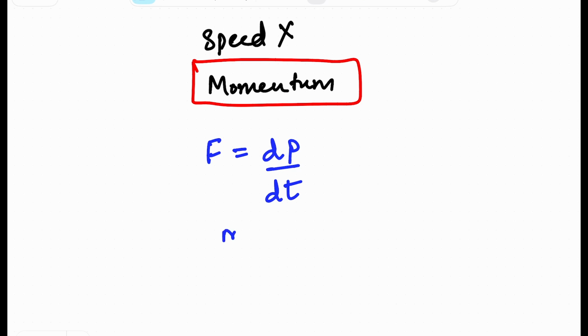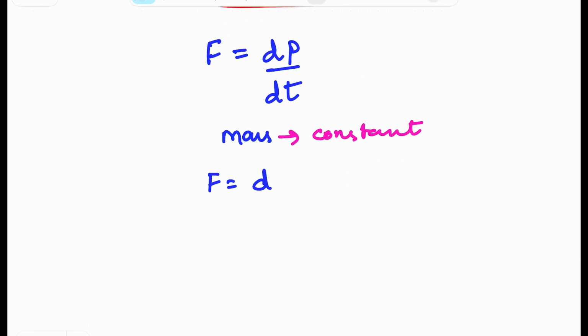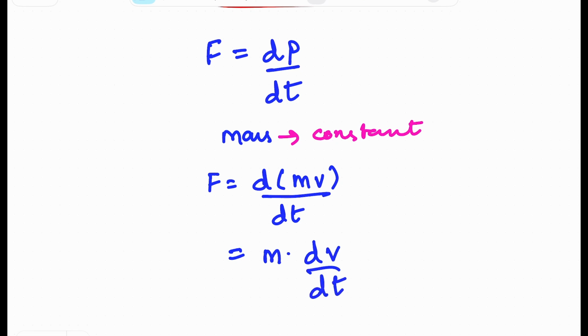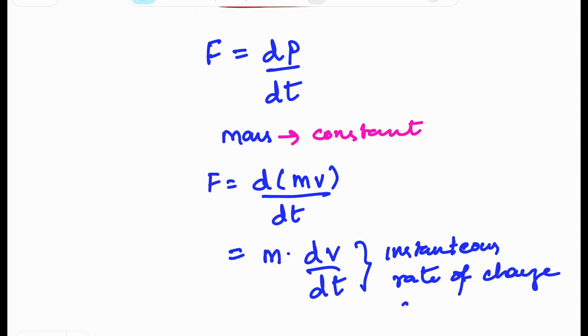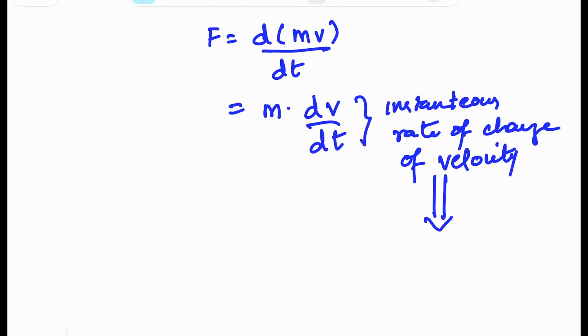Now observe something. Suppose if mass is constant, then this equation becomes mass multiplied by instantaneous rate of change of velocity, which in other words is known as acceleration.